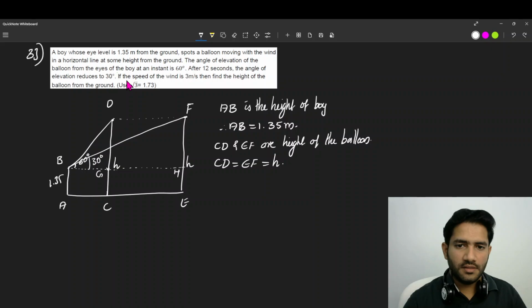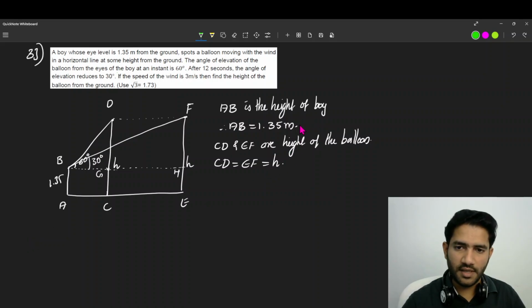Then we consider two triangles, BGD and FBH, and use tan theta to find BG and BH. Actually, the question is to find the height of the balloon from the ground.